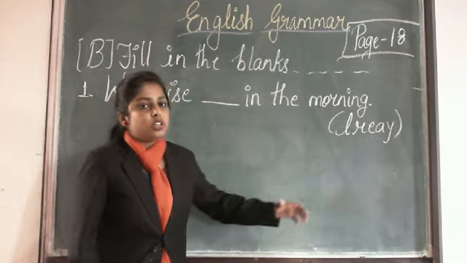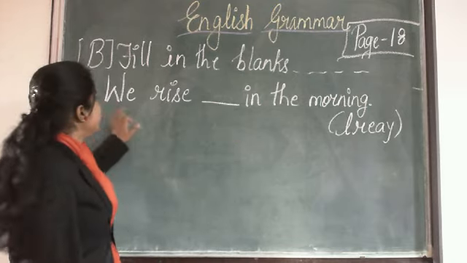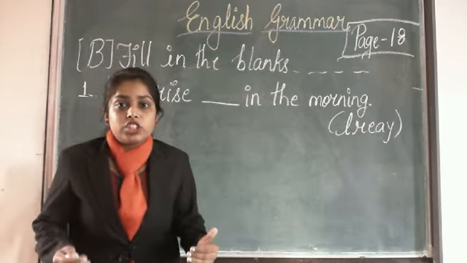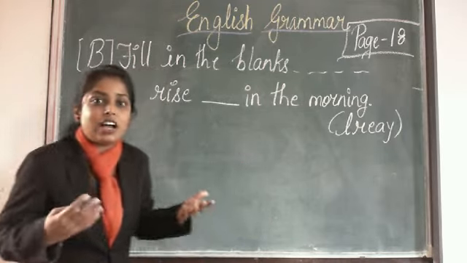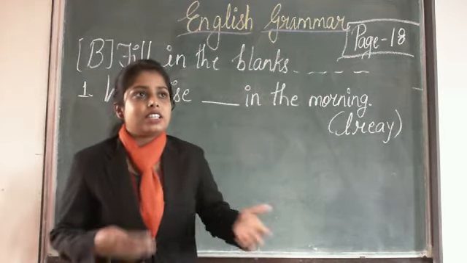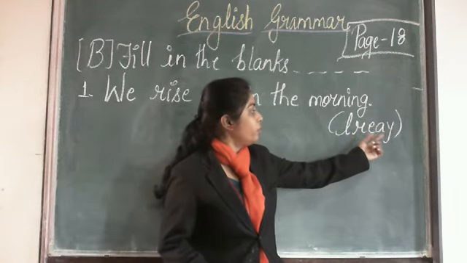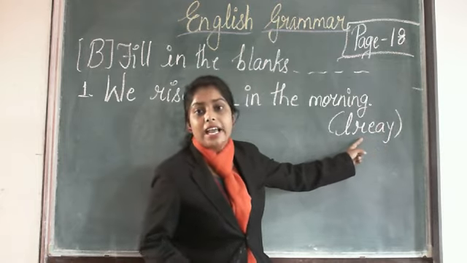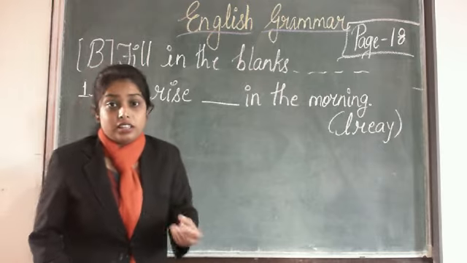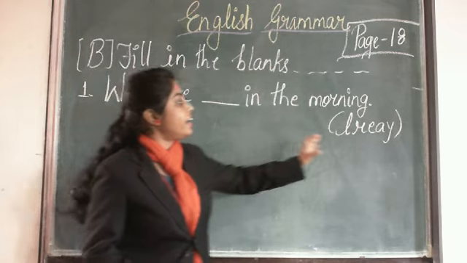So let's first look up the meaning of this sentence. हम जागते हैं, we rise dash in the morning. सो हम कैसे जागते हैं? We have to make an adverb from these scrambled letters. Now rise means jagna. This is a verb and we have to describe it more by this adverb.